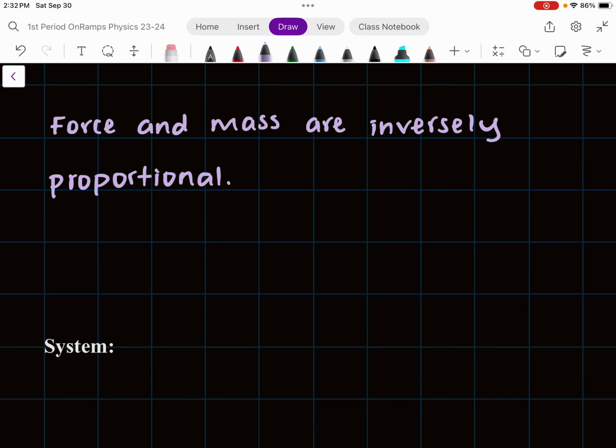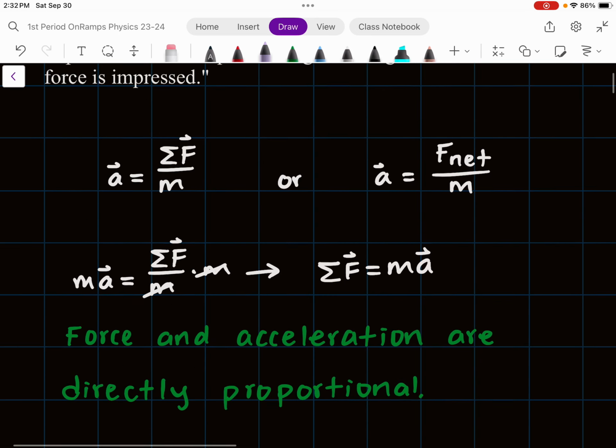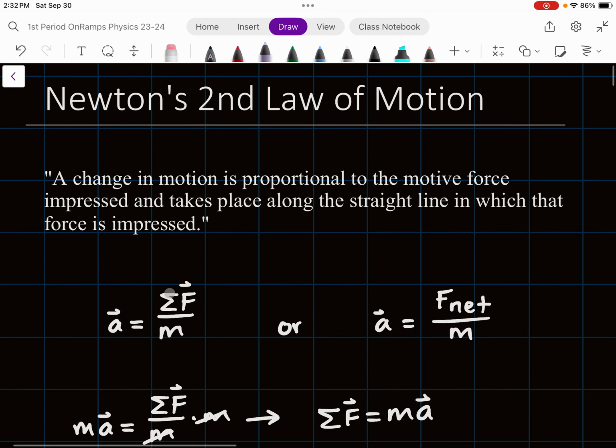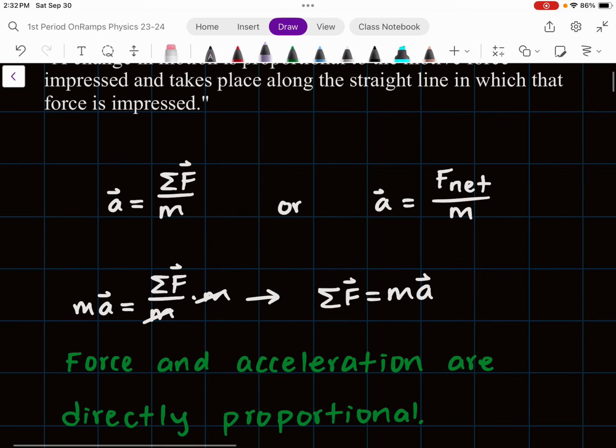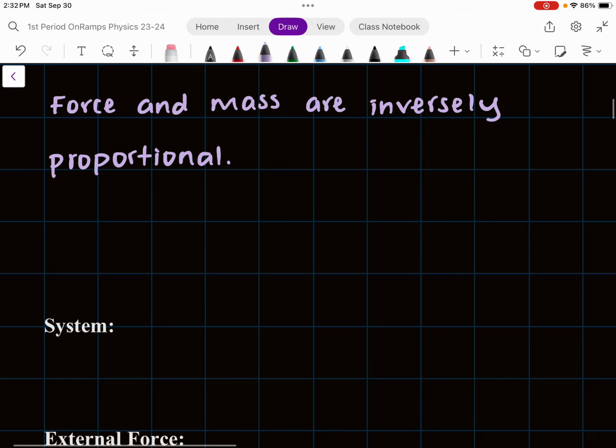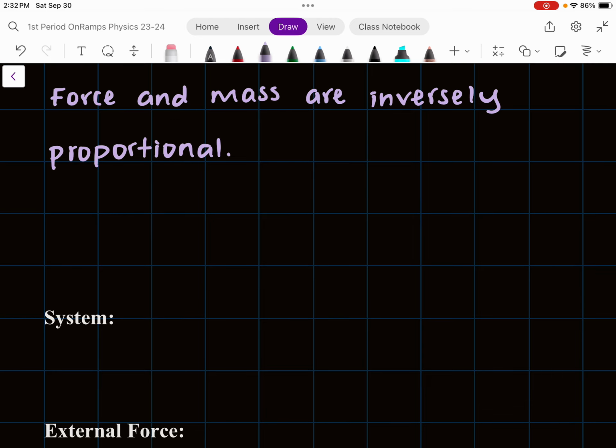I'm going to write the second law now in this form because I think it shows a further implication of everything. So, you know what? No, let me start with the regular one, and then we'll go to the second one. So there you go. Force is equal to mass times acceleration.